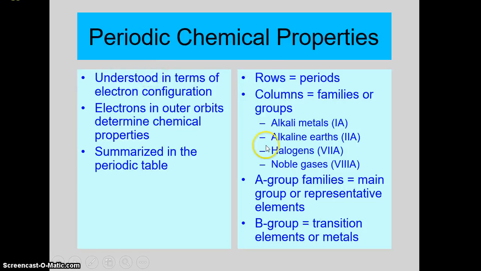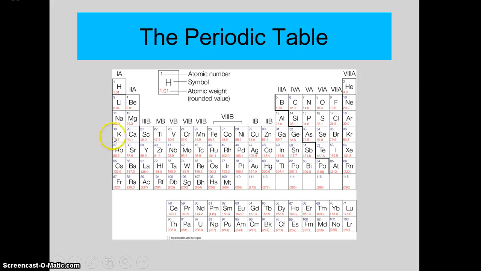Let's see, what else? So the A groups are called the representative groups. That's another name for them. And the B groups, these groups right here, are also known as transition metals. What we're going to find in the next chapter is these don't do the same thing every time, whereas I might as well tell you right now: column 1 is really simple. For them to chemically interact, they tend to lose 1 electron.